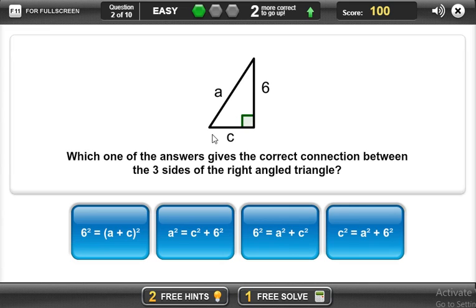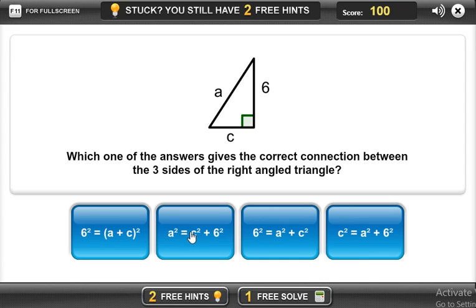Right, what we have here, which of the answers give a correct connection between the three sides. What we're going to have is a squared is equal to c squared plus 6 squared. In other words, you're putting a square on both of these shorter sides, and it's equal to the longest side squared, which is this one.